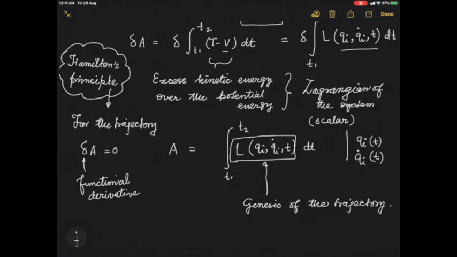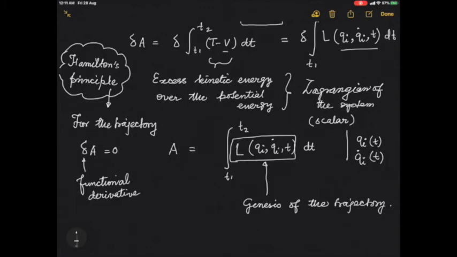And when I consider now Hamilton's principle, I don't come through anything else. What I say is that for a given system I can define a Lagrangian. How I define the Lagrangian, we are not addressing that question now. That prescription may change from system to system, but for a given system we say that we can define a Lagrangian.